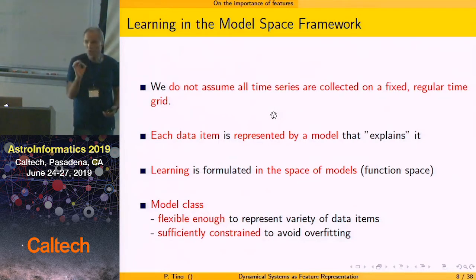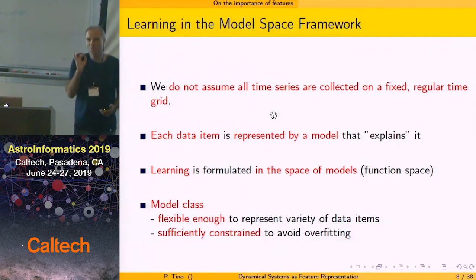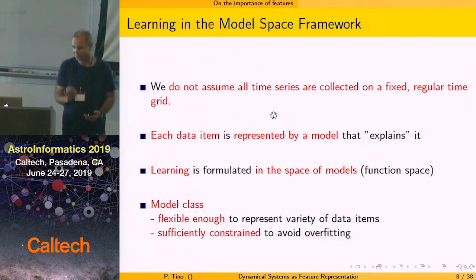So what I'm going to do is represent each time series as a model. Okay? And then I'm going to do machine learning in the space of models instead of in the space of data. Why are we doing it? Especially for the medical sciences, there is a lot of knowledge about how a time series is produced.